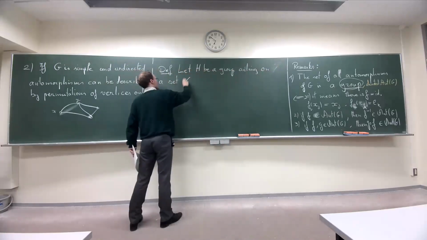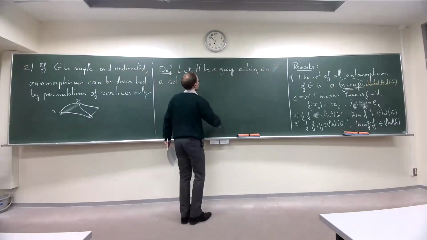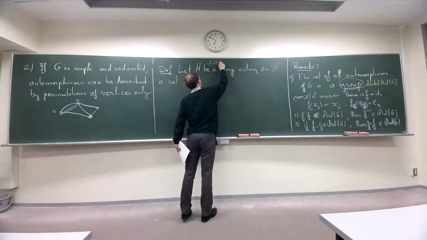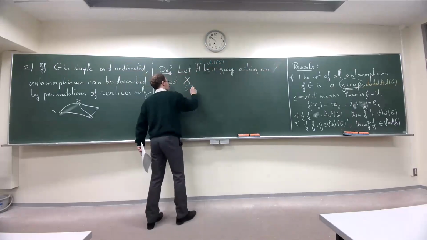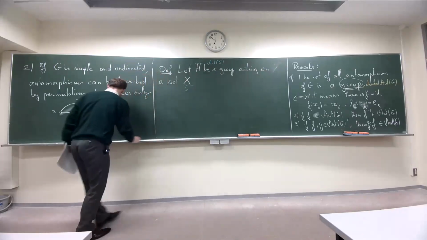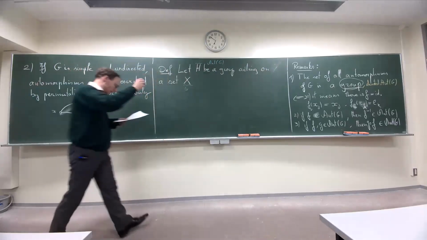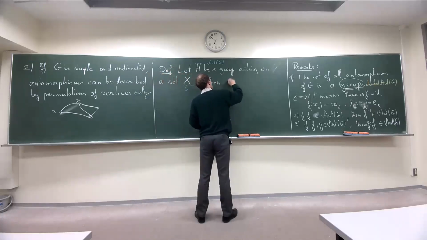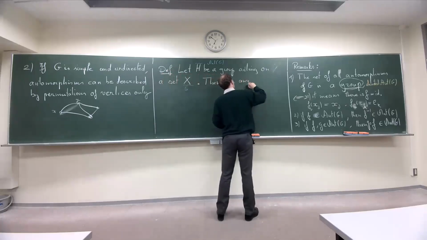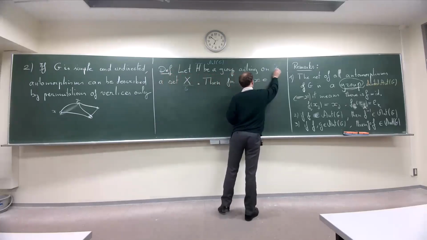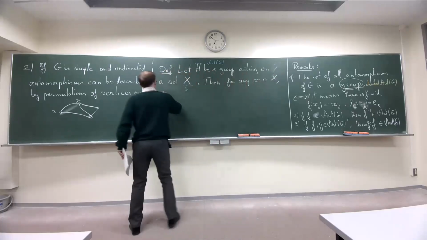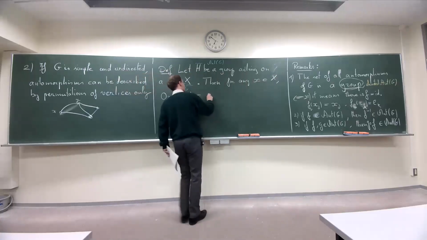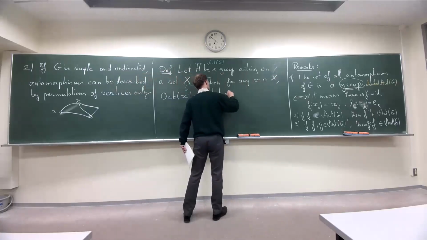In what we have seen, this H is the group of automorphisms, and the graph on the set X is G, but I want to be slightly more general for this definition. Then, for any point x in this set X, what is the orbit of x, called Orb of x?